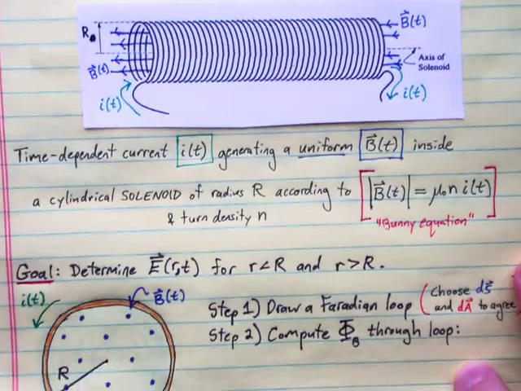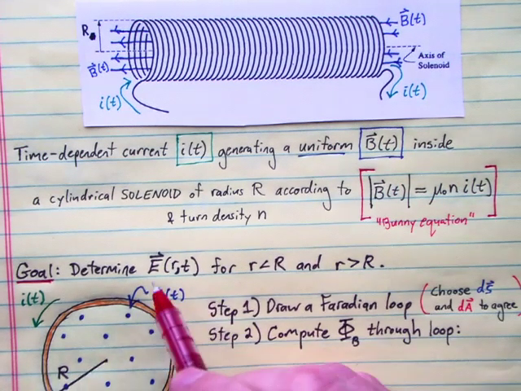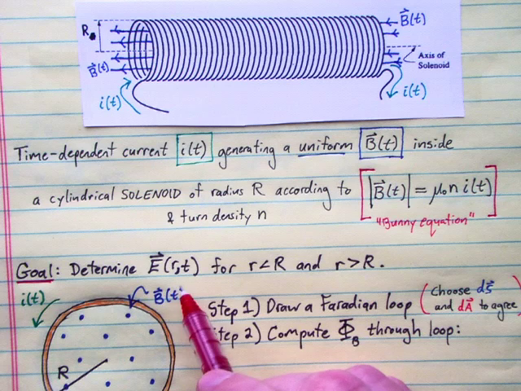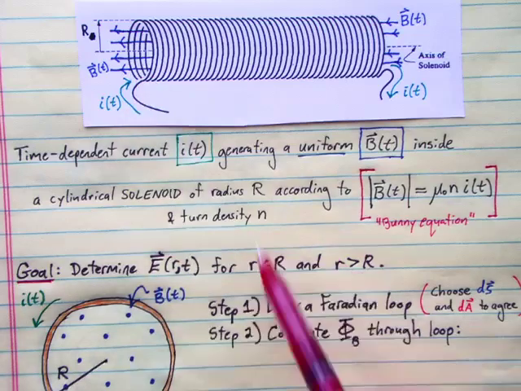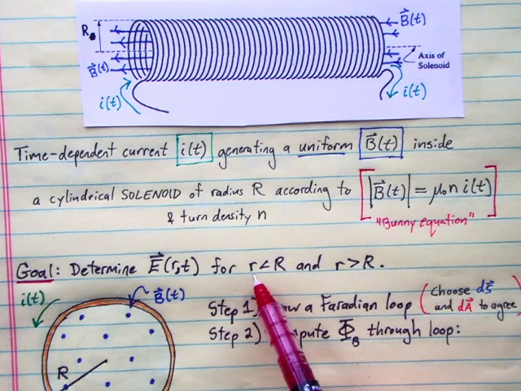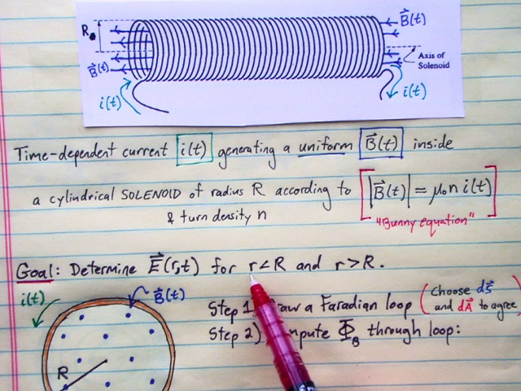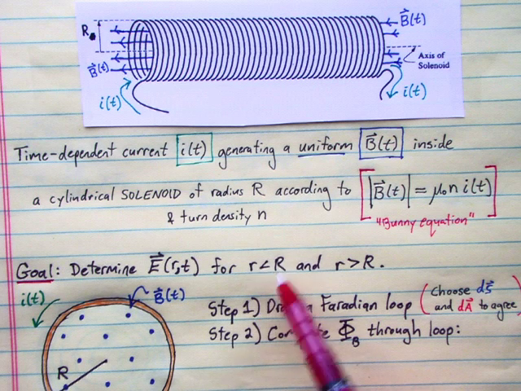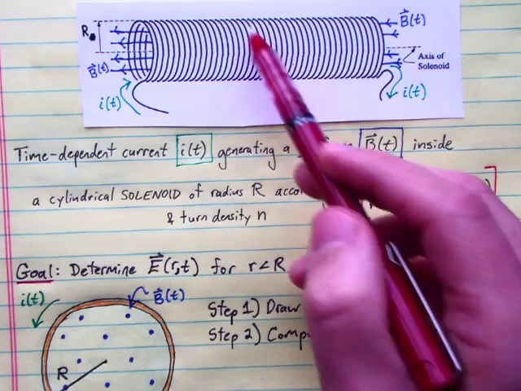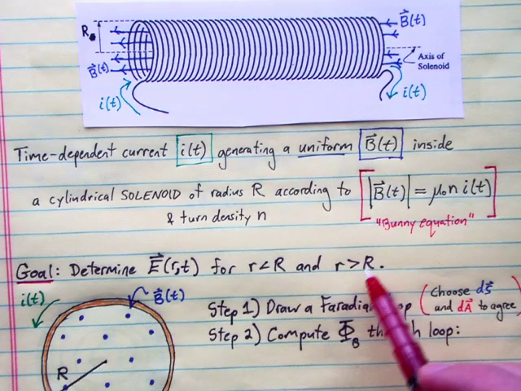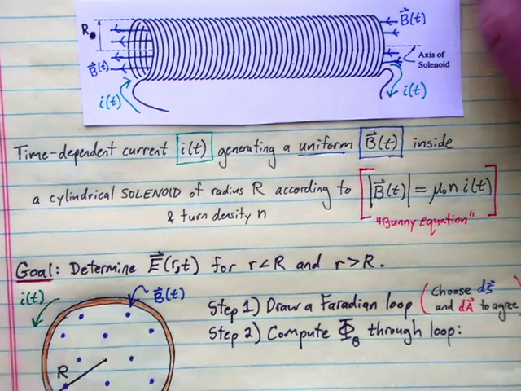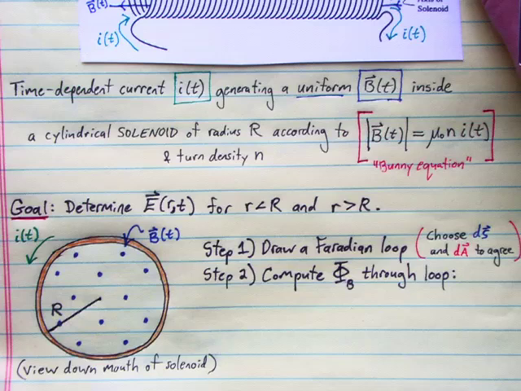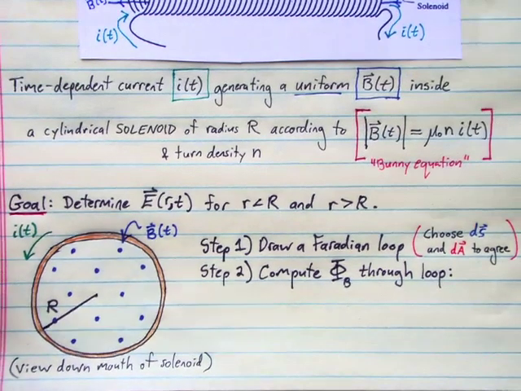Our goal then will be to determine the electric field throughout this whole region, both inside the solenoid at distances from the axis of the solenoid r less than big R, and also outside of the whole solenoid at distances from the axis little r greater than big R. Here are the steps for how to use Faraday's law to do so.